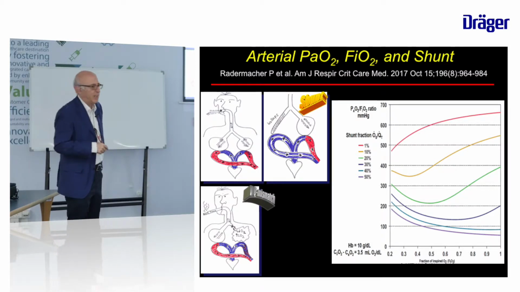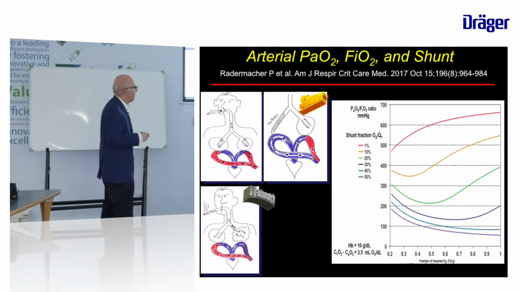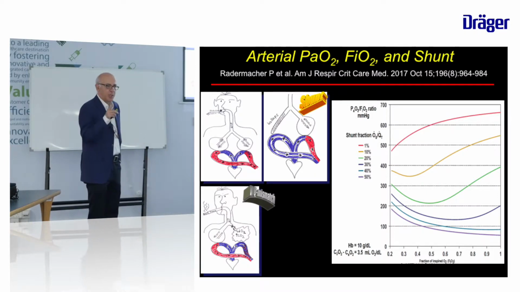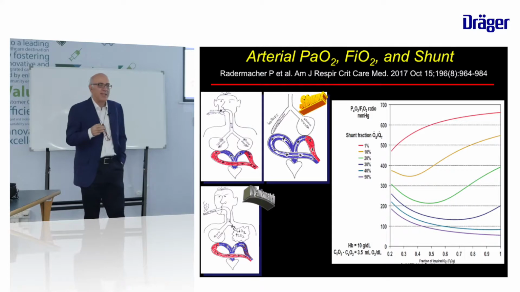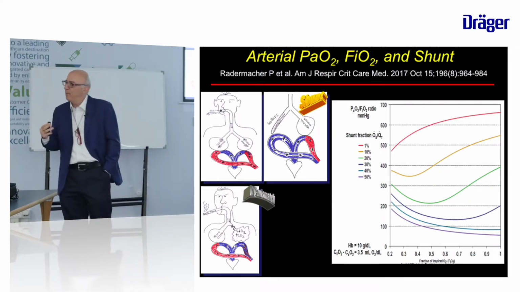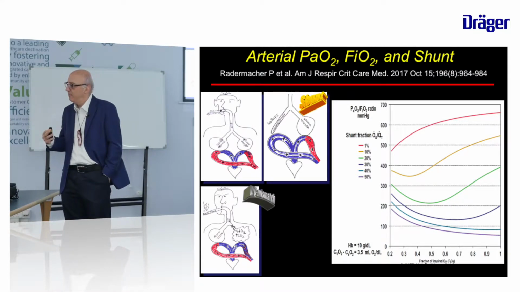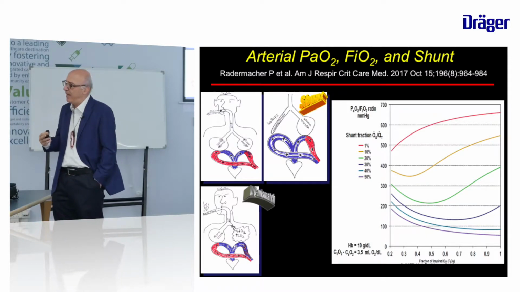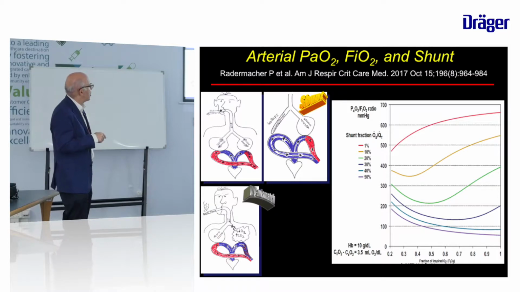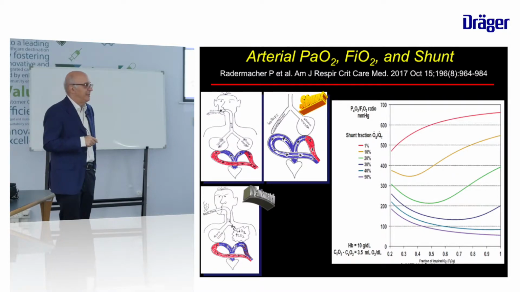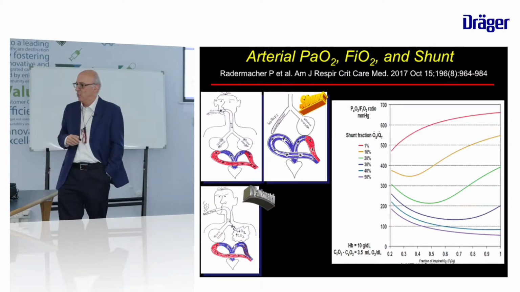This means that if the patient is in air, not oxygen, because with oxygen you mask everything, the VA/Q and shunt, and you have a saturation around 91, 92, you are developing a shunt around 20%. If in air you have a saturation below 95, you have a shunt around 10, 12%, okay?